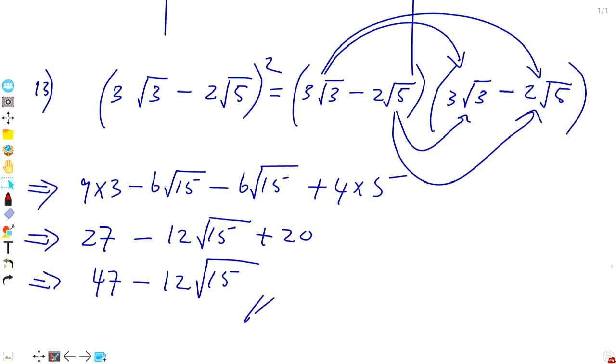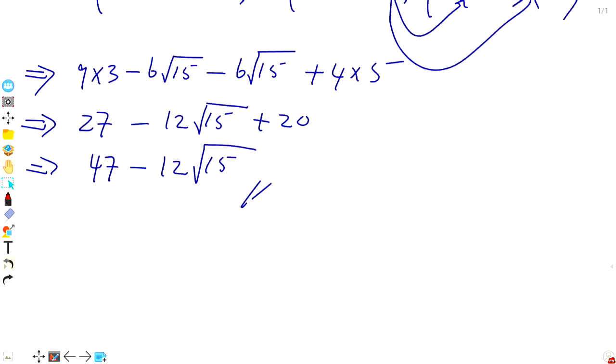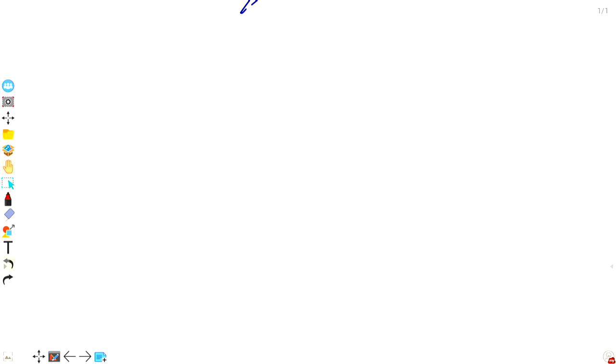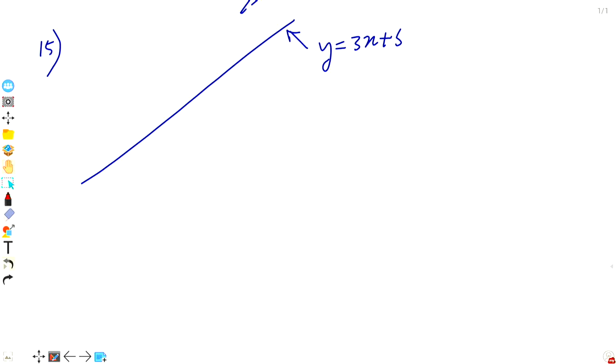Question 15. The equation of a straight line is y is equal to 3x plus 5. The new line intersects the first line at the point (2, 7). The new line intersects the x-axis at the point (9, 0). The equation of the new line is... Okay, so we'll have that. y is equal to 3x plus 5.